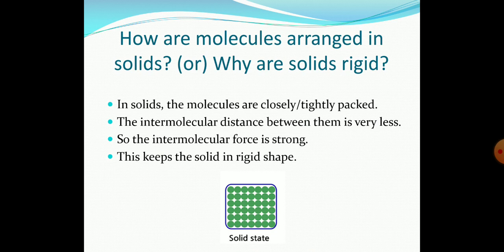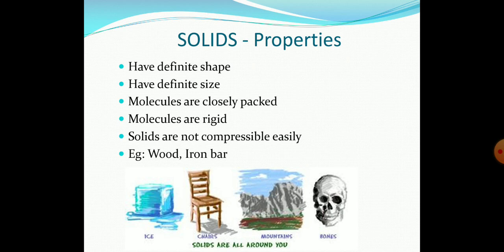This gives the rigid shape to the solids. When the molecules are very closely packed, the intermolecular force is also very strong, and this is giving this property, the rigidity, to the solid.